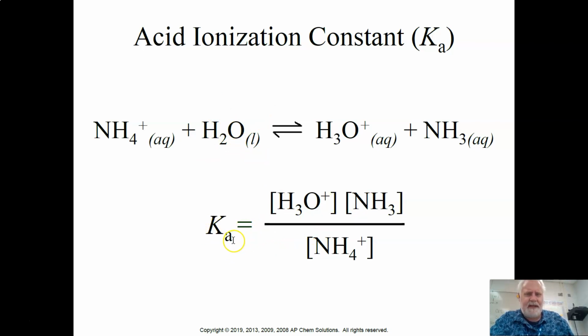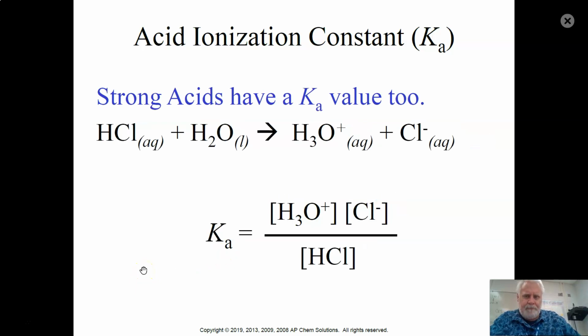So you call this a Ka, and this is the acid ionization constant. So how much does that acid ionize? All right. So strong acids will also have a Ka value.